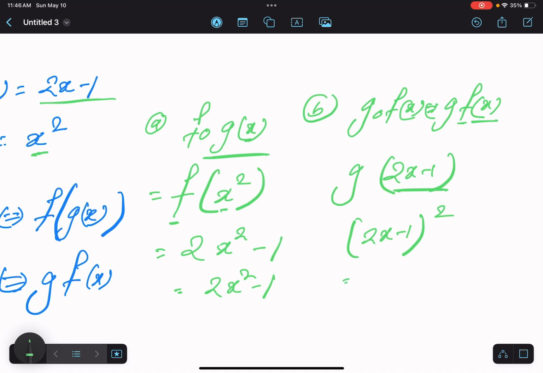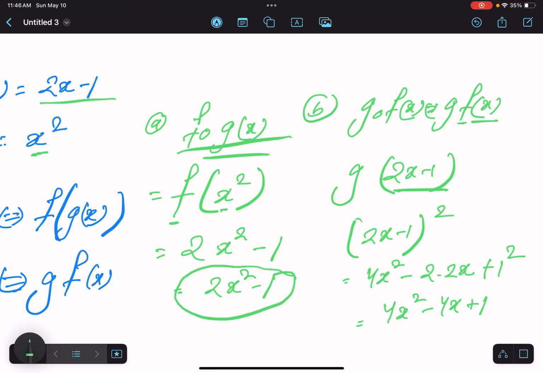This gives us a square minus 2ab plus b square, that is 4x square minus 4x plus 1. Now from here you see that f of g(x) is 2x square minus 1 and g of f(x) is 4x square minus 4x plus 1, which are not equal. So the f of g(x) and g of f(x) are not equal.